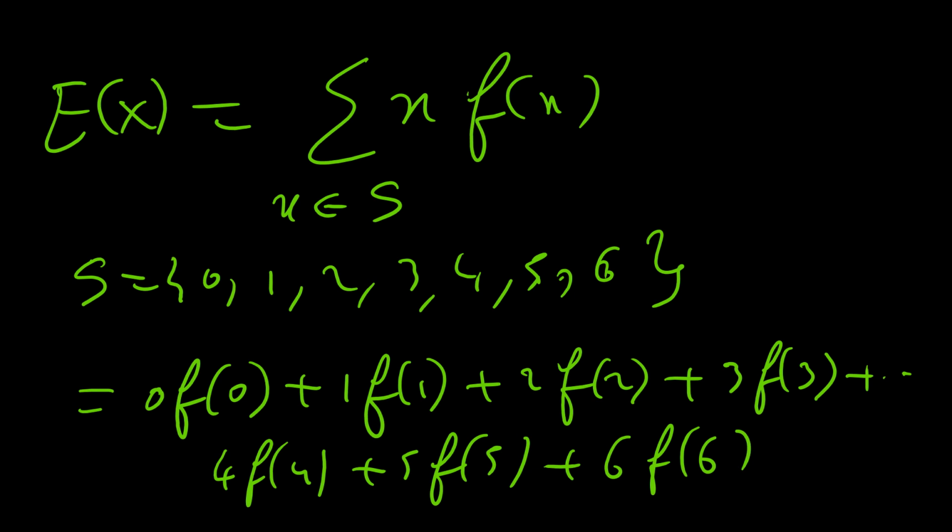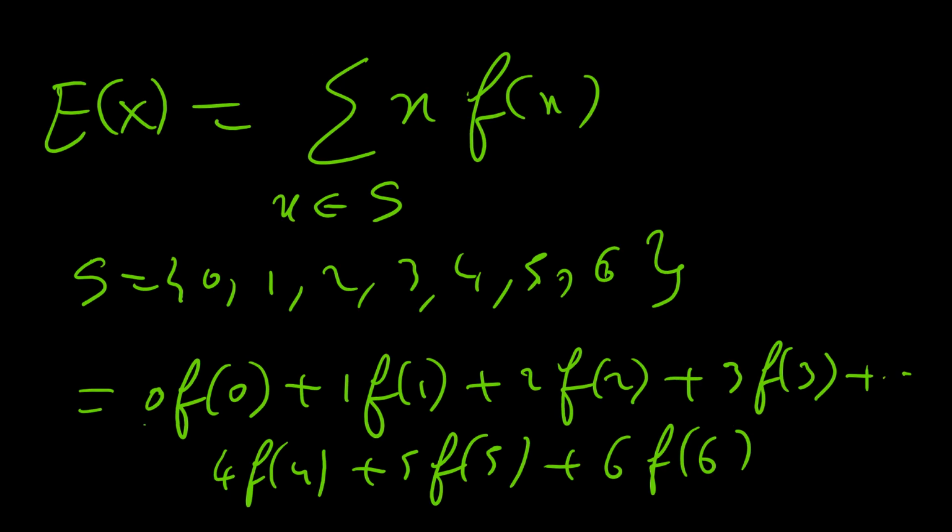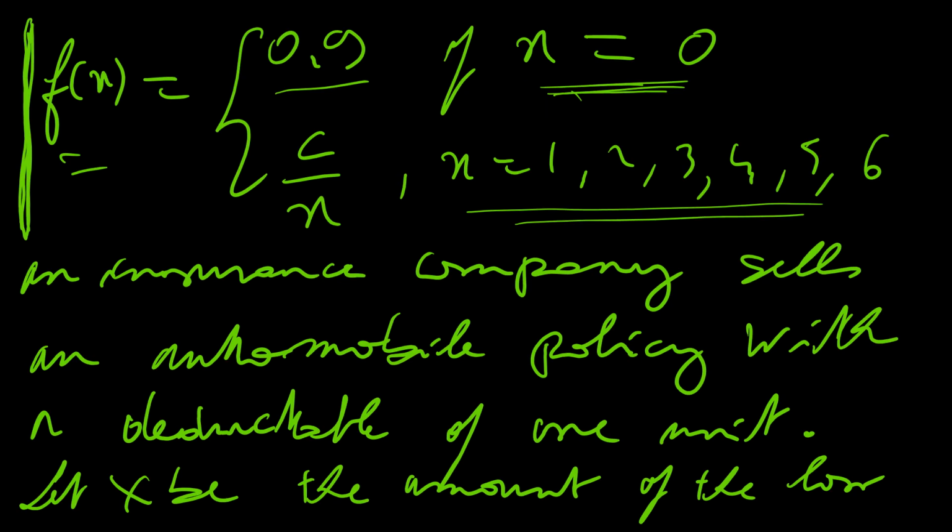Because we have f of x, we can just plug these numbers in and get our result. When x is 0, f of 0 is 0.9, so this is 0 times 0.9, which gives us 0. So we are left with the other part.